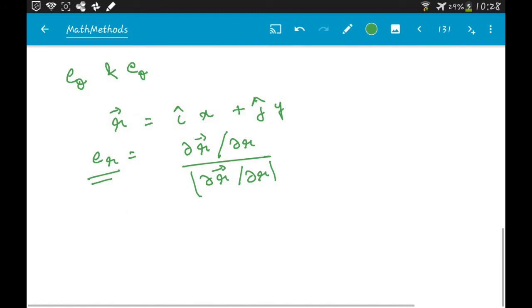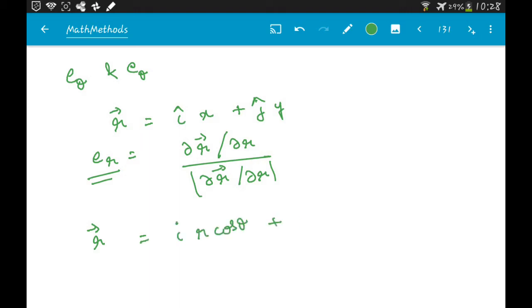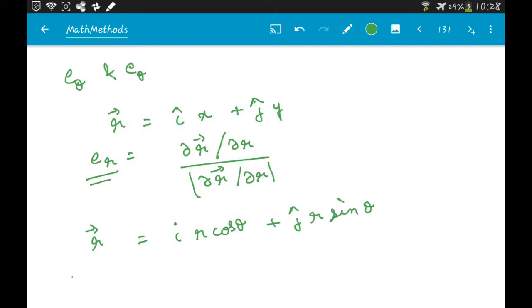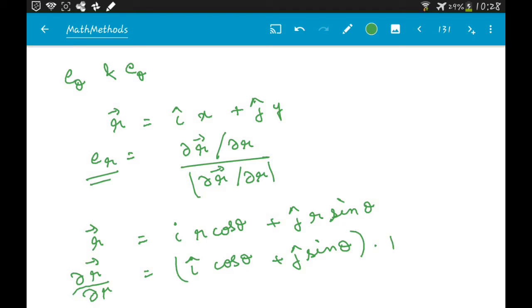So what is dou R by dou r? Now you can just write R is equal to i r cos theta plus j r sin theta. So dou R by dou r is going to be i cos theta plus j sin theta into 1, right? Because dou r by dou r is 1.